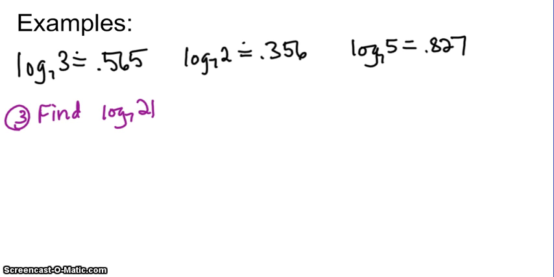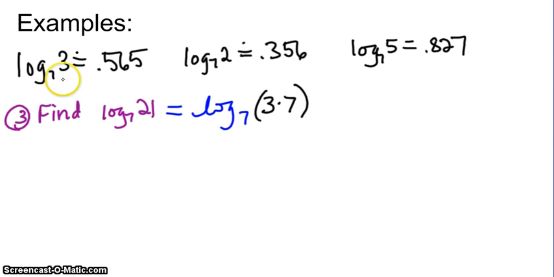Here's our next example. Find the log base 7 of 21. Remember again, I have to be given this ahead of time, and somehow between a 3 and a 2 and a 5 I need to be able to write 21. Well, that would be the same as log base 7 of 3 times 7.